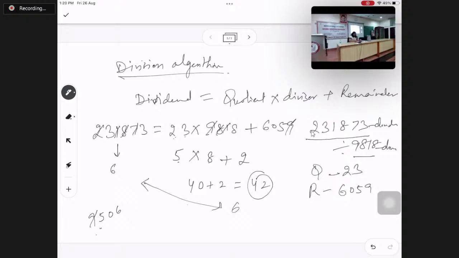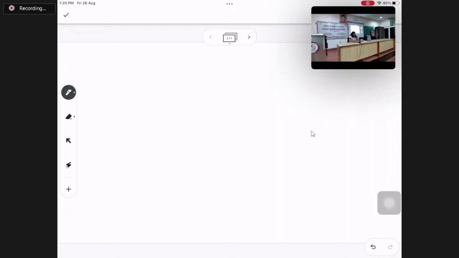So, let me give another example. For example, you take any question. This is 248795. You divide this with the number, say 8279. Actually, this one needs a closer base. I have not yet told you the method for when the number is not close to the base.